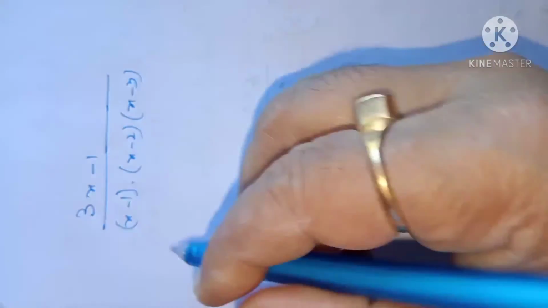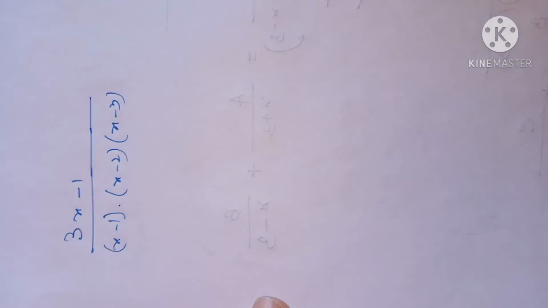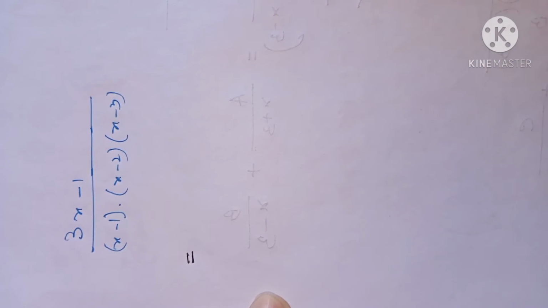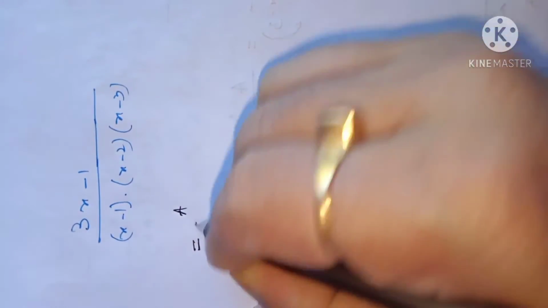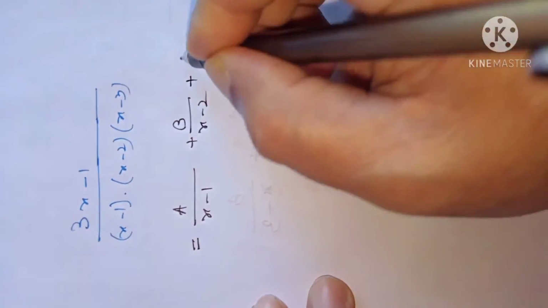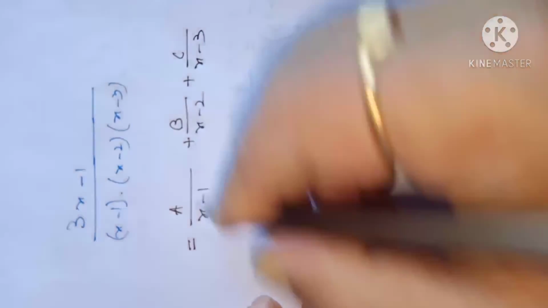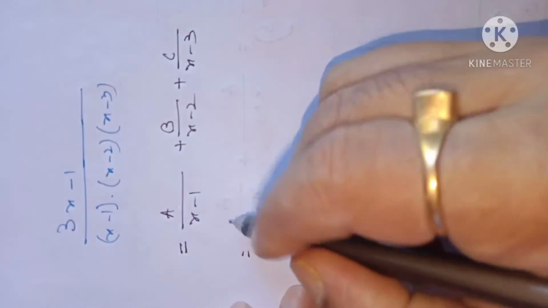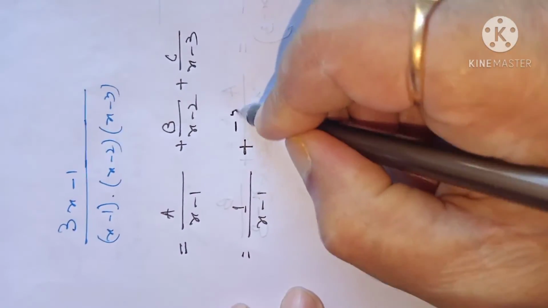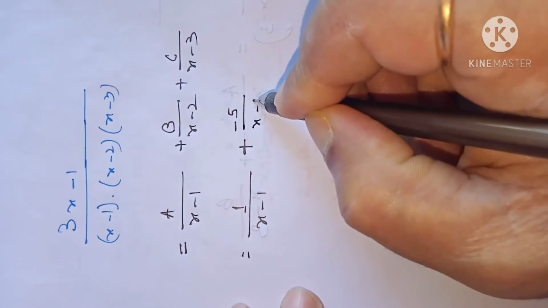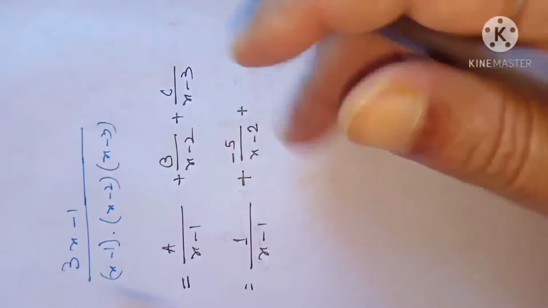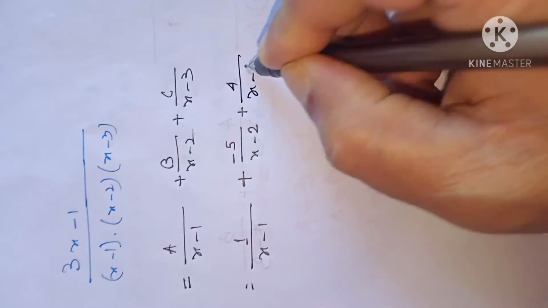Okay, then this whole expression will be now, it was actually a by x minus 1 plus b by x minus 2 plus c by x minus 3. So a, b, c will now be replaced: a is 1, so 1 by x minus 1, and b is minus 5 by x minus 2, and plus c is 4 by x minus 3.